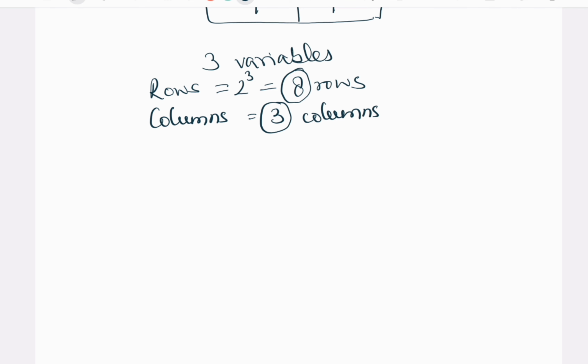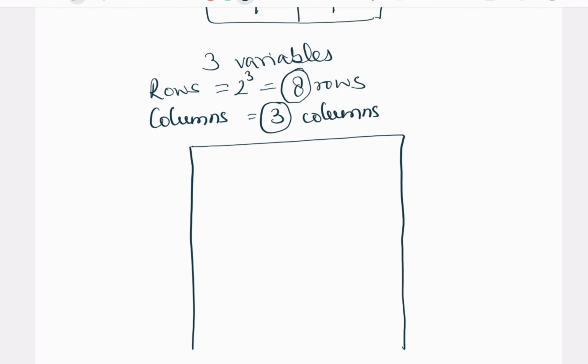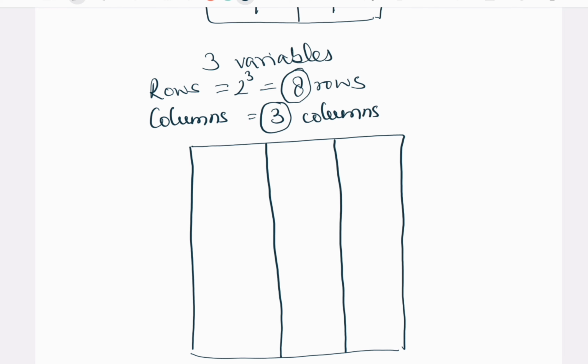Okay, now let's make the structure of the truth table. So we need to have 3 columns: 1, 2, and 3. We need 8 rows.